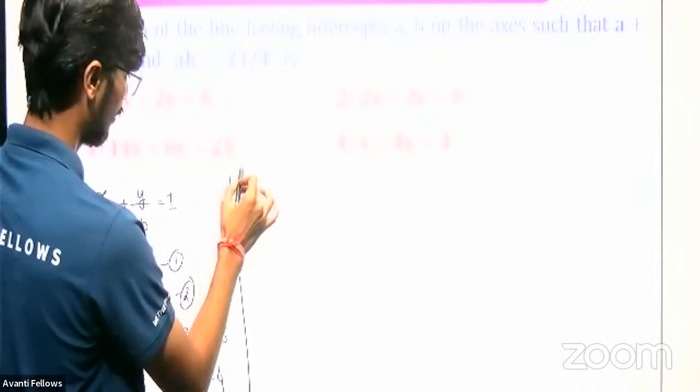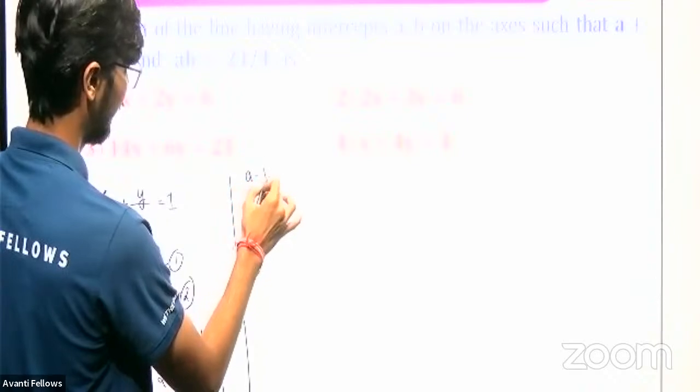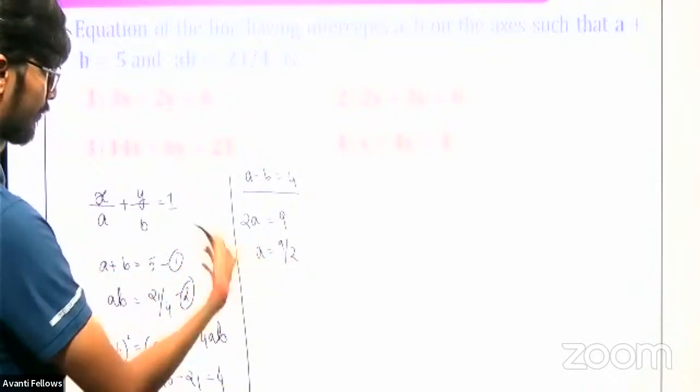Let's say I took a minus b is equal to 4. So if I add equation 1 and this, what will I get? I'll get 2a is equal to 9. So a is equal to 9 by 2. Am I right? Yeah.